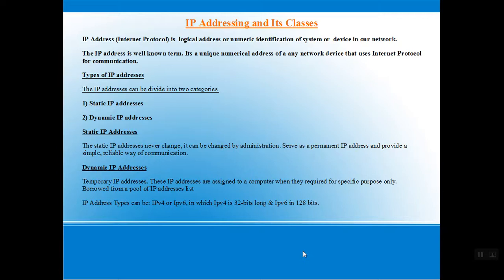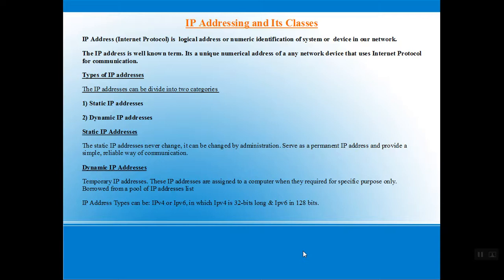We have different classes of IP addresses. They are divided into two categories, static and dynamic. As the word defines, a static IP address is never changed.